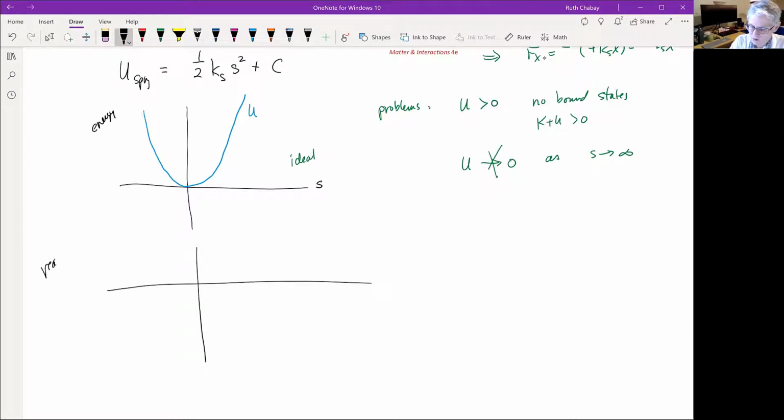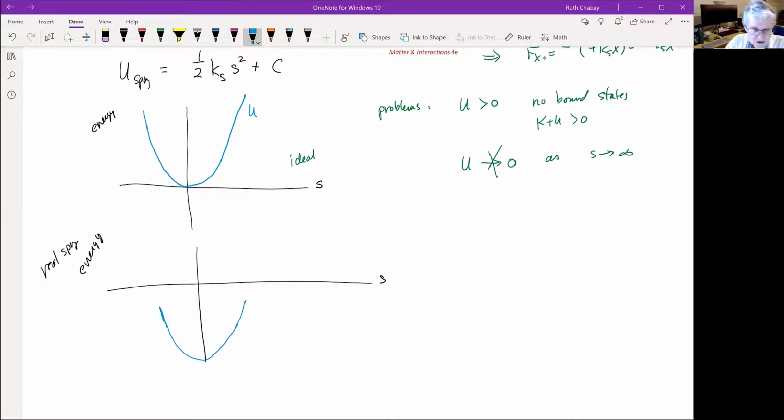So for a real spring, we'd certainly have a region down here. This is stretch and this is energy. A region down here that looks parabolic, like this, a half k sub s s squared.